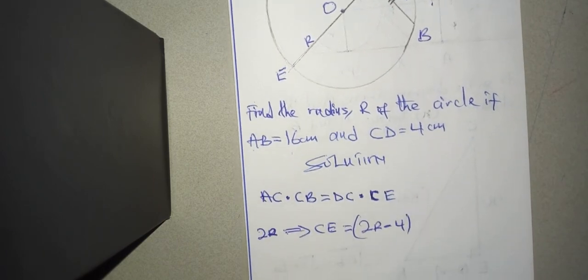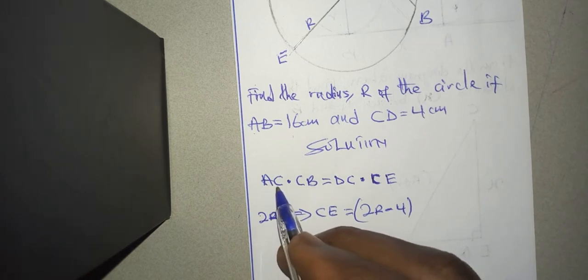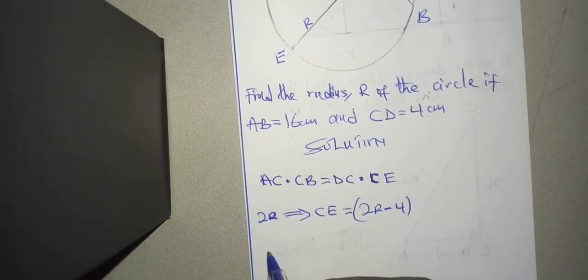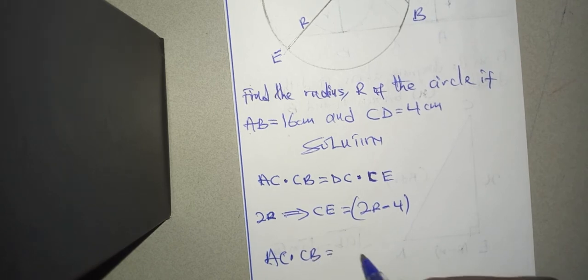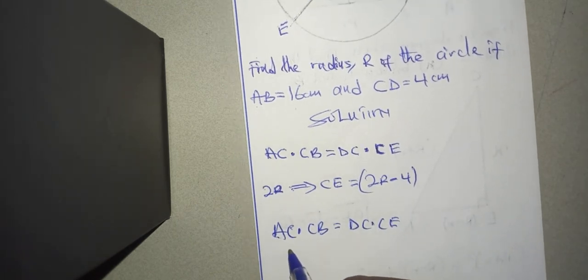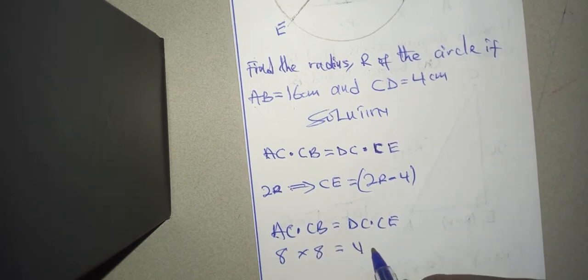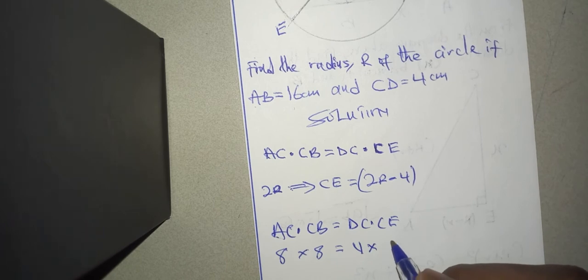Okay, now let's do the substitution. Let me put the formula again: AC times CB equals DC times CE. AC we know is 8, times CB is also 8, equals DC is 4, times CE is 2R minus 4.